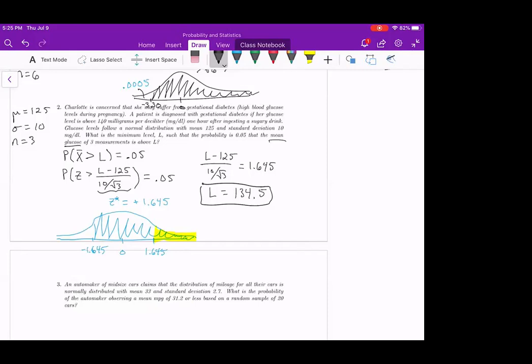Or any questions about the reasoning? Okay, I'm not seeing anything on the chat board, so I'll continue to problem 3.